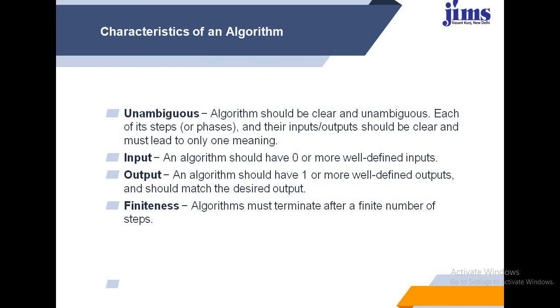If your algorithm moves infinitely, so you cannot see the output, you cannot obtain a desired output. So next, finiteness means your algorithm should terminate at a point जिस पर आपको terminate करनी है. Yes, I got the output. Yes, you please terminate this. This is the finiteness. Next is feasibility. Should be feasible with the available resources.